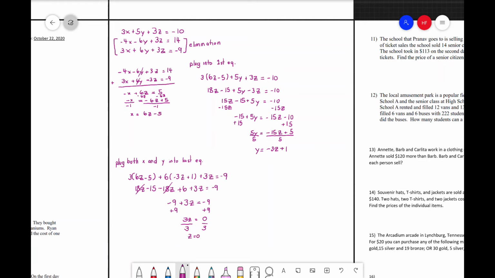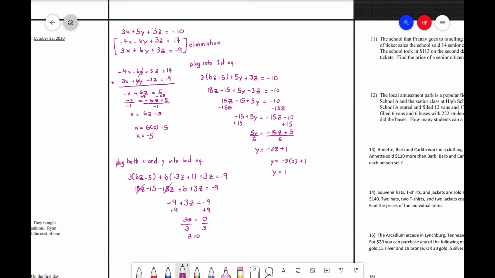So z equals 0, I'm going to plug into x equals 6z minus 5. So x equals 6 times 0 minus 5. X equals negative 5. And into my y equals negative 3 times 0 plus 1, y equals 1.